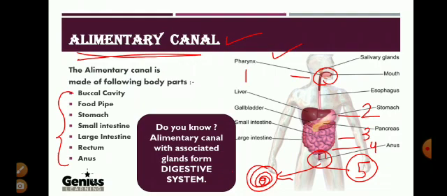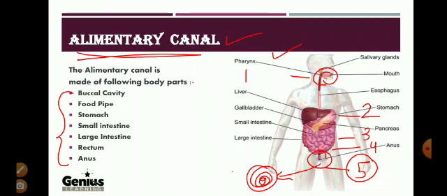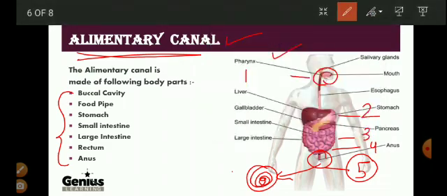As you know, there are the liver, pancreas, and gallbladder. So these are the associated glands which provide juices that help in digestion.